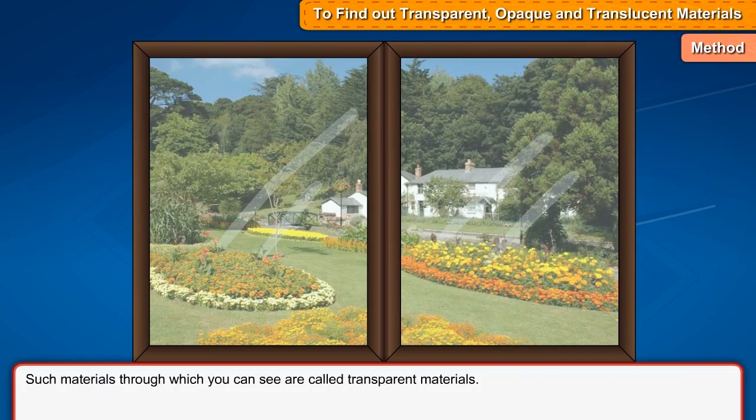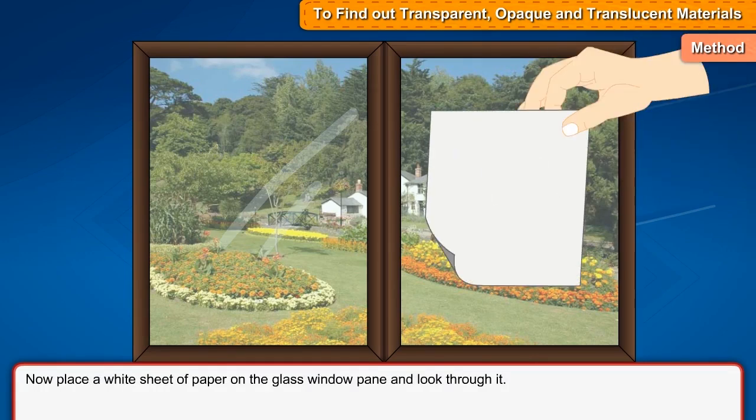Such materials through which you can see are called transparent materials. Now place a white sheet of paper on the glass window pane and look through it. You notice that you cannot see anything through paper. Such materials through which you cannot see are called opaque materials.